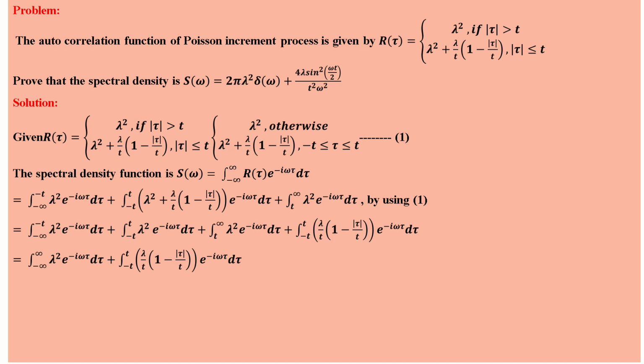Then the remaining integral is −T to +T of (λ/T)(1 − |τ|/T) e^(−iωτ) dτ.